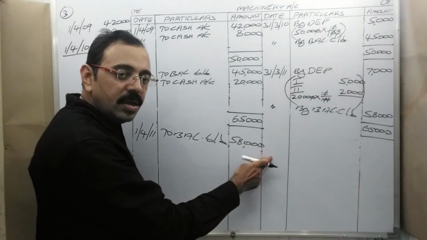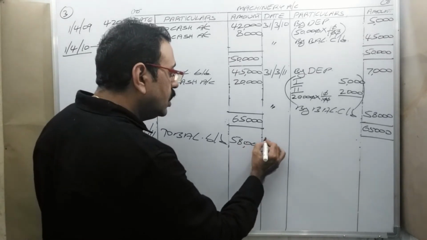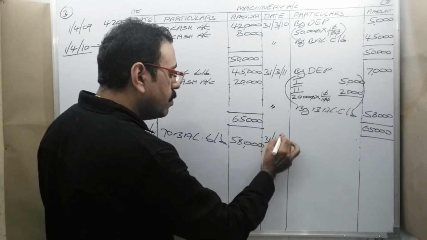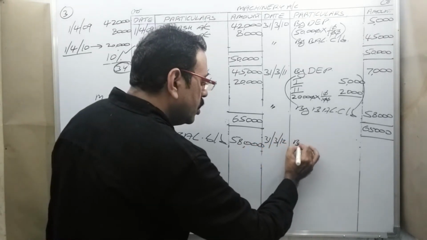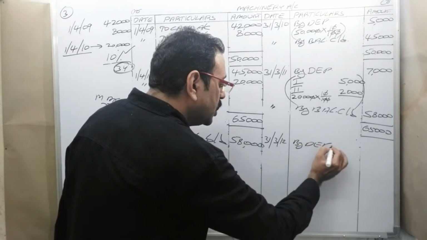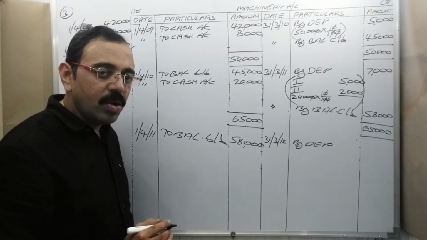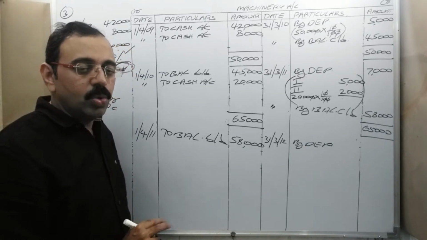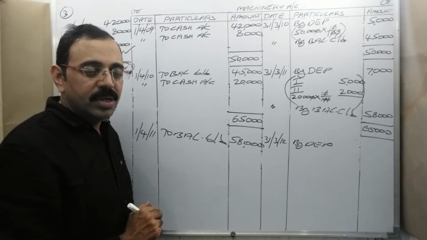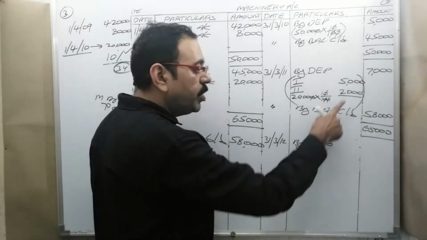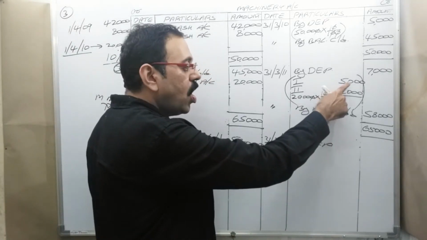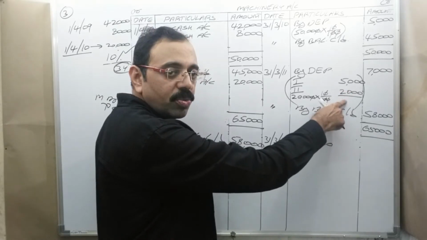This is the third year. The third year's last date is 31st March 2012, by depreciation. On this date, how many assets do we have? Two assets. Two assets are used for a full year. So on the first asset depreciation is 5,000 rupees, on the second asset 2,000 rupees.